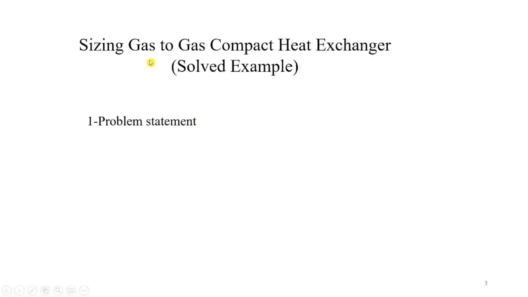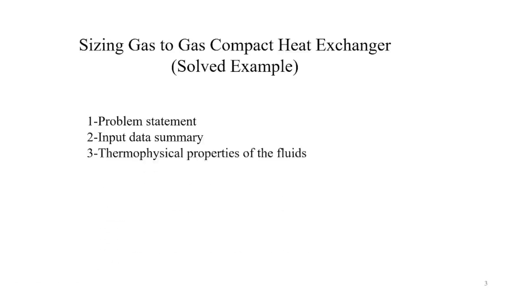The contents of this presentation will be: first, we are going to give an idea about the problem statement, the input data and required output data. Then we'll go to a summary of the input data in tabulated form. Then we are going to need some properties, so we are going to list some of the physical properties for the two fluids and in the two sides of the heat exchangers.